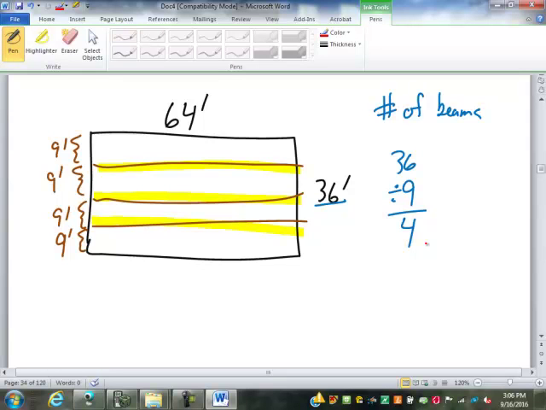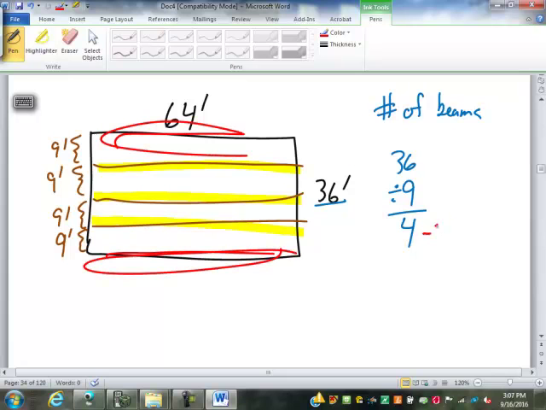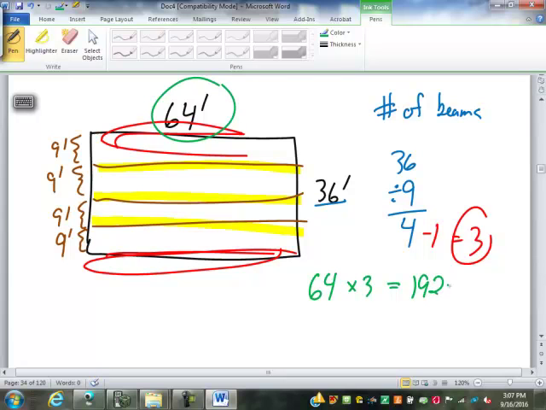Do we need them at the edges? No, we don't need them at the walls. So we have to subtract 1. You get 3. There's going to be 3 beams. So then to get the length or the linear feet, each beam is 64 feet times 3. For this example, that'd be 192 feet of beams. Your numbers on your quiz are slightly different.